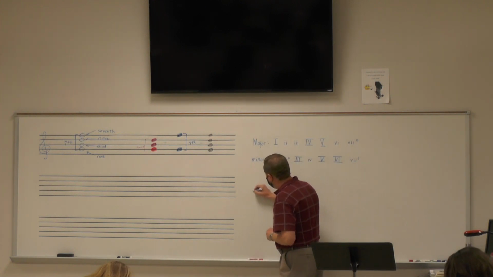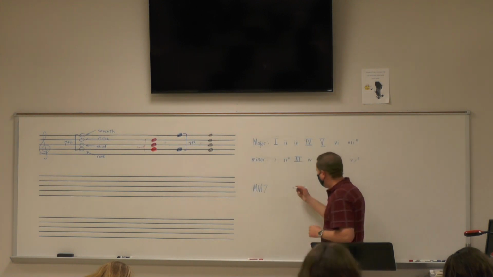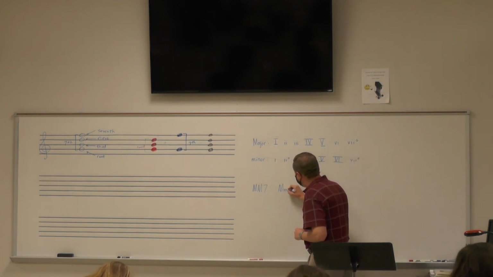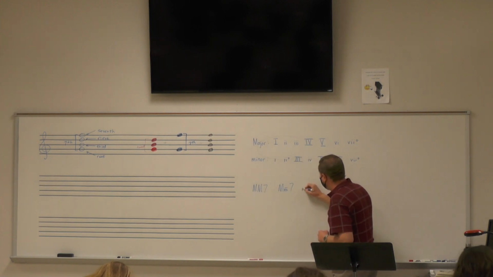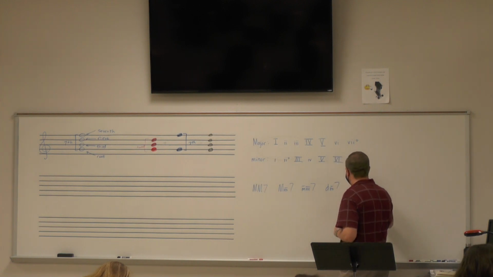One of them is a major seventh chord. One of them is a major seventh chord. One of them is a minor seventh chord. One of them is a diminished minor seventh chord. And the other one is a diminished seventh chord.